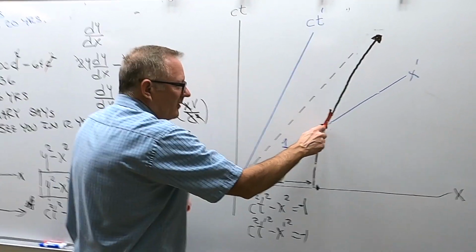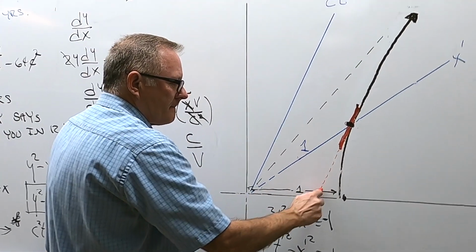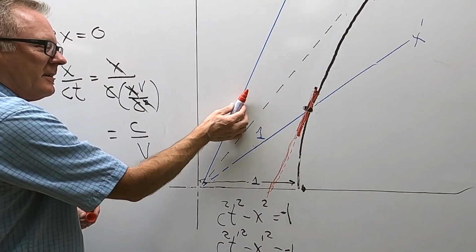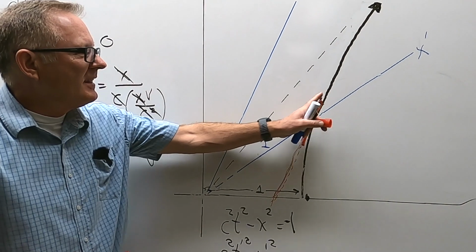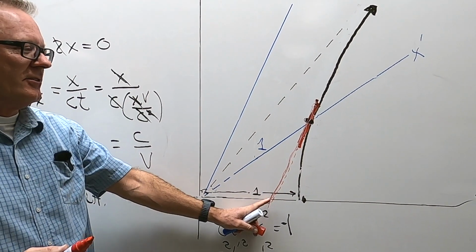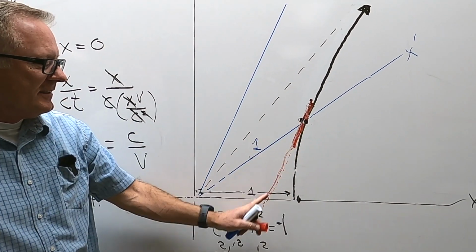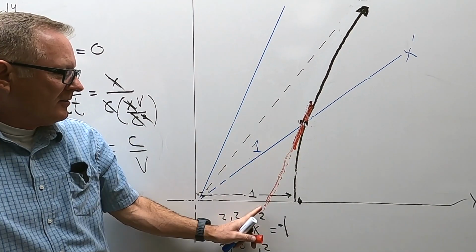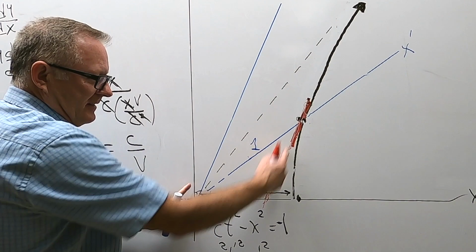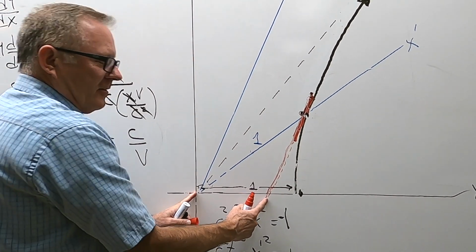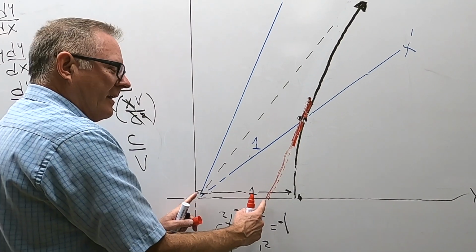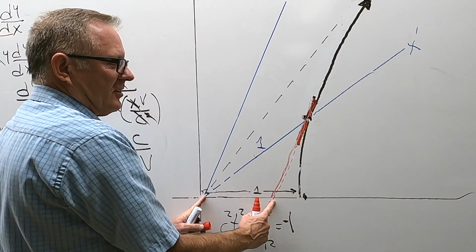So let's just follow this down right here. Remember, since this line is parallel to this line, they all have the same x values. The x value there is the same as the x value there. The x value there was 1, so this value on this red line is 1. You notice how this is shorter than that. That's why lengths shrink. This is shorter than that; this is less than 1.